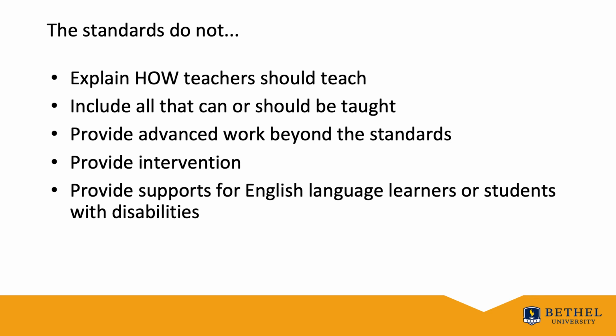Standards also don't adjust for students. Some students will need work that pushes them beyond the standards, and other students will need intervention, and some will need support because they're learning English or have a disability. That is where the expertise and skill of the teacher comes in. Teachers use the standards as their guide, but they determine how the students will achieve those standards.